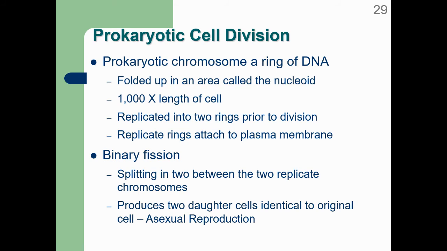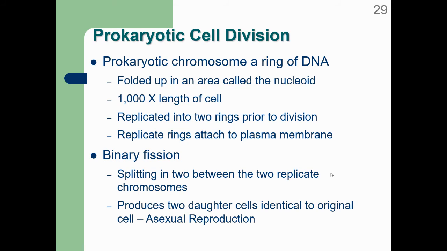We're just going to copy our chromosome and elongate and divide. So remember, our prokaryotic chromosome was a single ring of DNA just floating in the cytoplasm. Wherever it's floating, we call the nucleoid region. Just like in eukaryotes in the S phase, we synthesize an exact copy of all of our DNA.